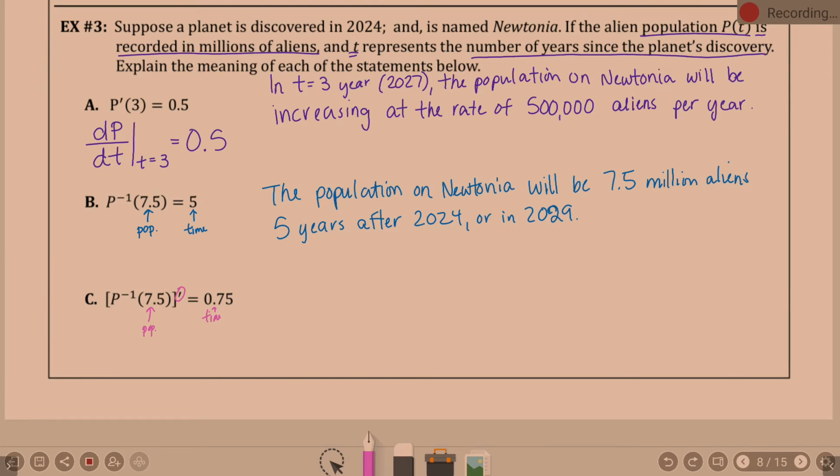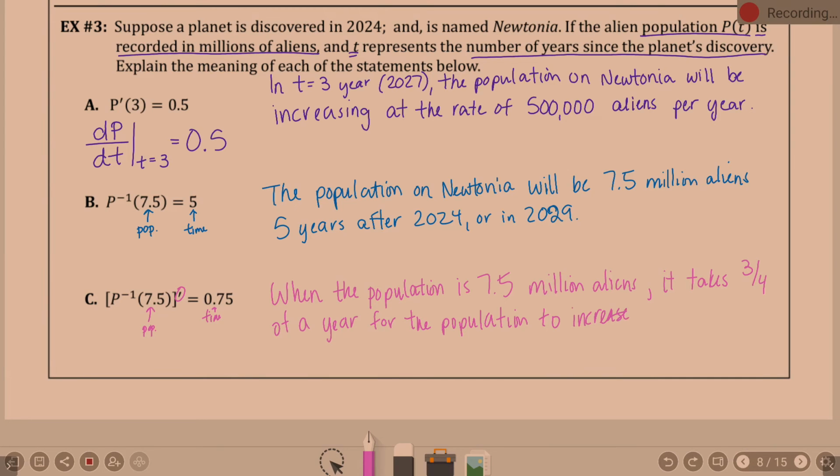Okay, so let me put mine up there: when the population is 7.5 million aliens, it takes 3/4 of a year for the population to increase $1 million.